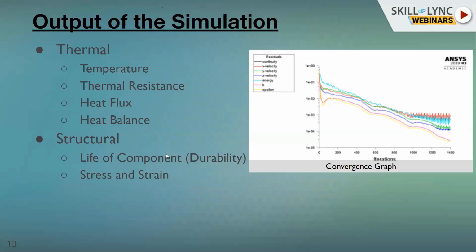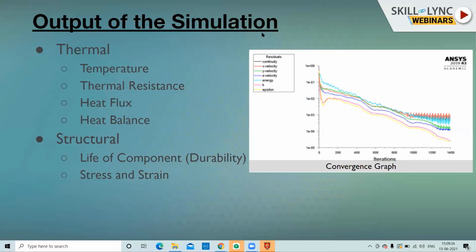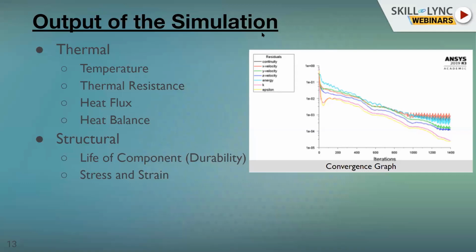So, what are the expected outputs from this simulation? We collected a lot of data: requirements, material data, the CAD model, we analyzed the physics involved and the analysis types. Then we want to know what the output of the simulation could be.